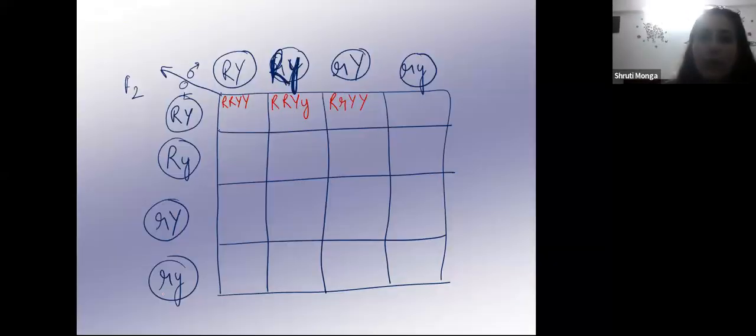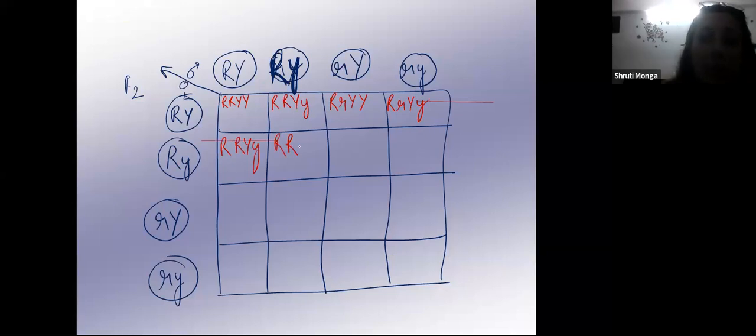Just quickly see this. I will make it quickly. This is capital R, small r, capital Y, small y, capital R, capital R. This will be this, this becomes this, and this becomes this.